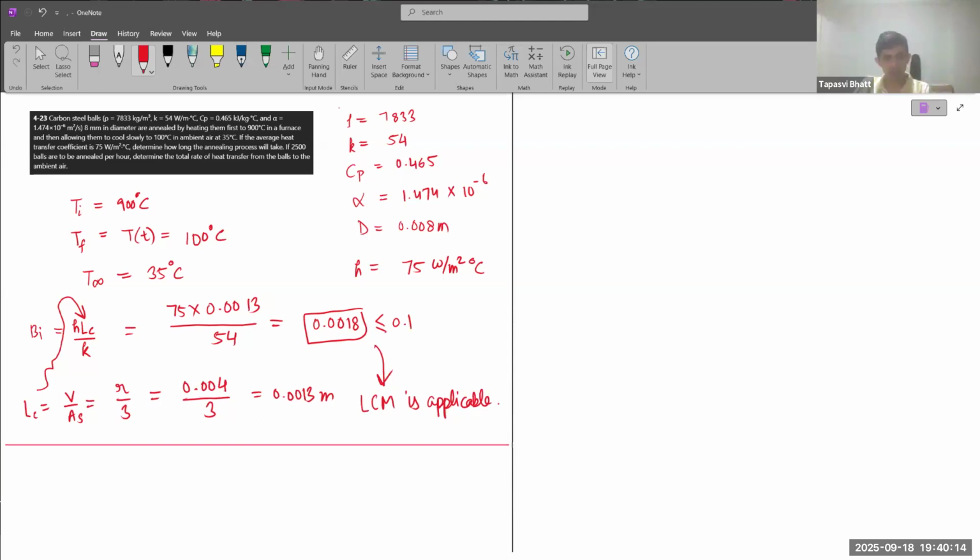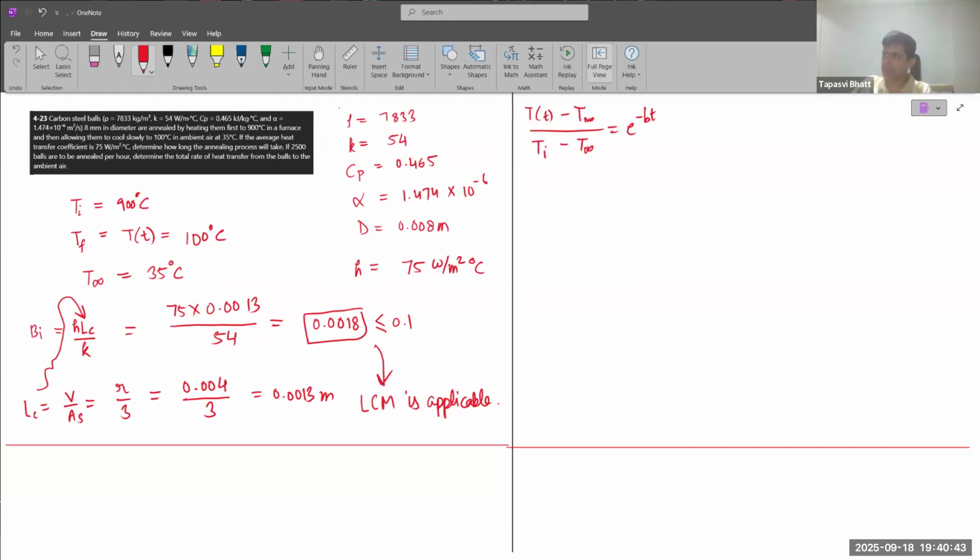Now we directly have to apply the lumped capacity model equation. Let me extend this line even further, because we will end this question within this area. T as a function of t minus T infinity over Ti minus T infinity is e to the power minus bt. I think we have almost everything.